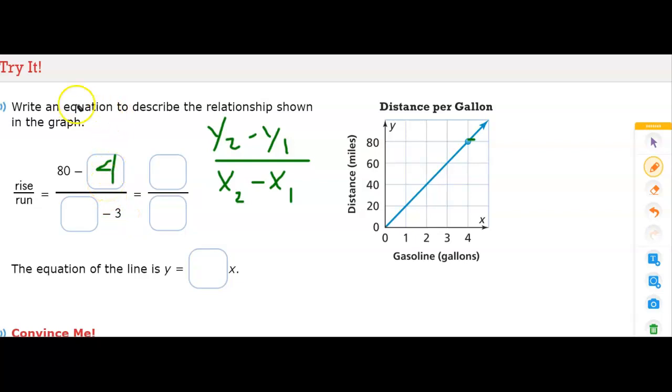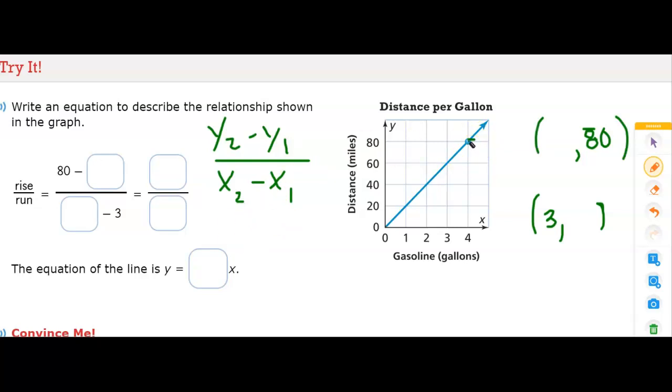Wait a minute, I'm sorry. This is not right. My apologies. Okay, let me write this on the side to keep myself together. So we have 80 as our y2. That is correct. And then we have 3 as our x1. So these are the two values we do know.